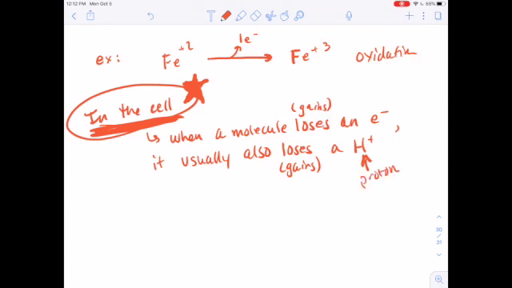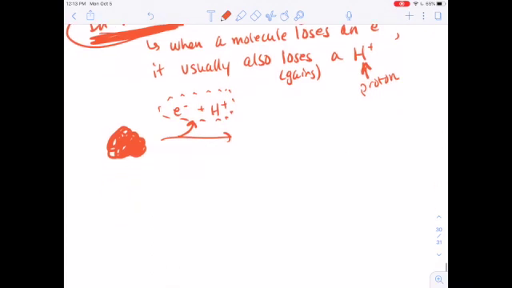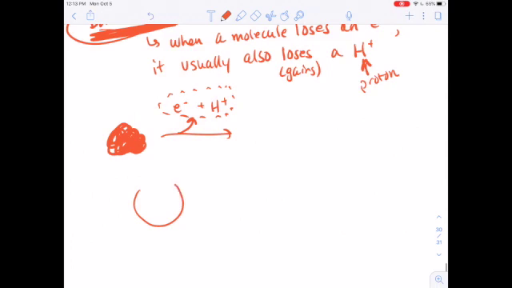So let's say we got this molecule here that loses 1 electron and a proton. What has it lost? What do these things put together make? Well, remember why we call this thing a proton? A proton, that's just a hydrogen ion, right?